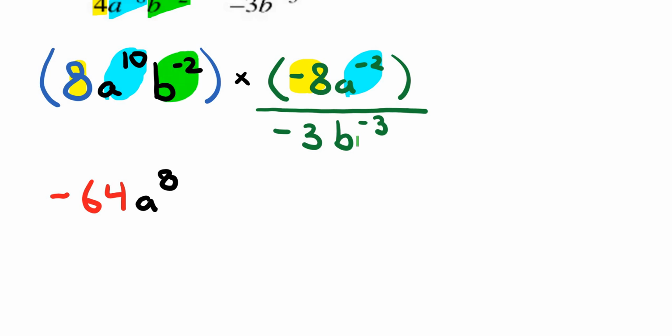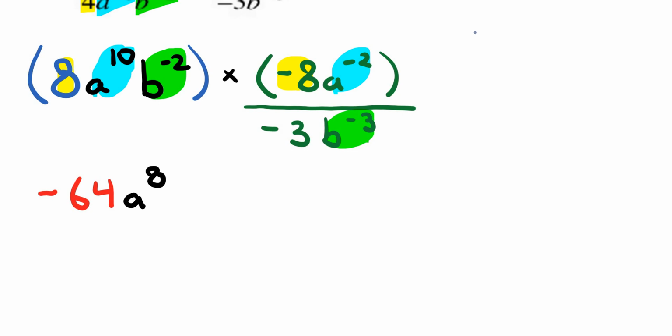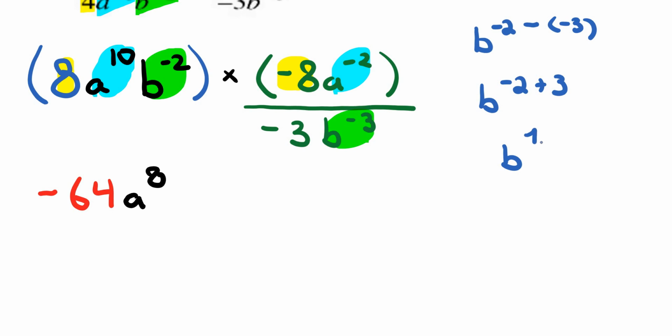We have b to the power negative 2 and b to the power negative 3, right? So mathematically, that's the same thing as b to the power negative 2 minus negative 3, which is b to the power negative 2 plus 3, which is b to the power of positive 1, which is just b. So b would be on the numerator there. And finally, there's this negative 3, which is tagging along, so I can divide this all by negative 3.